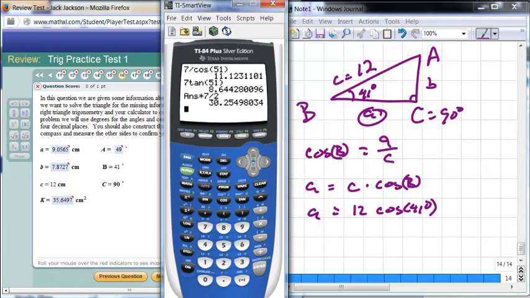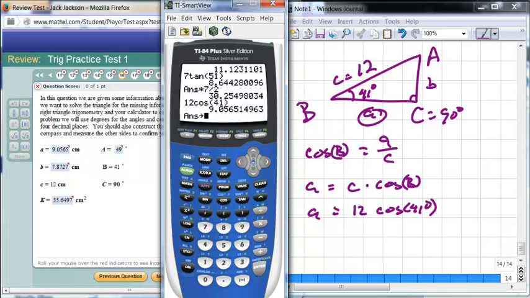We can do that on a calculator. And that is A. I'm going to store that as A, because I'm going to need it later to find the area. 9.0565. Okay, that's what they have here.